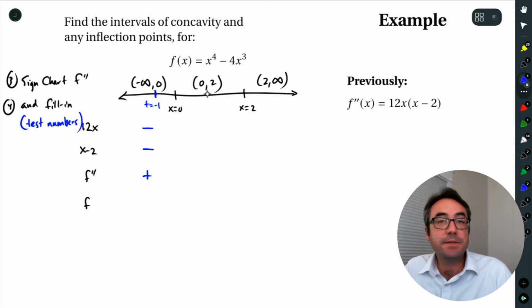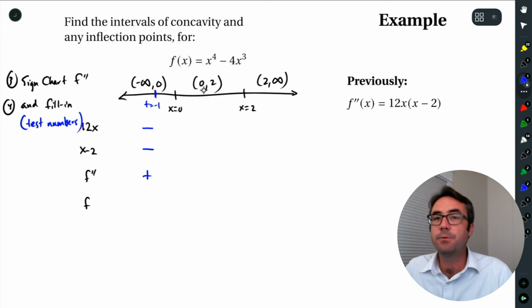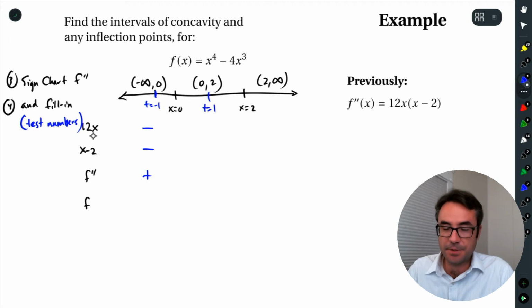And then I just repeat this process for all of the other intervals. So I have this interval from 0 to 2. We want to pick a number that's inside that interval. So pick something that's easy to work with, maybe like 1. It's always a good test number to use. If I plug 1 into this 12x factor, I get 12, so it's positive.